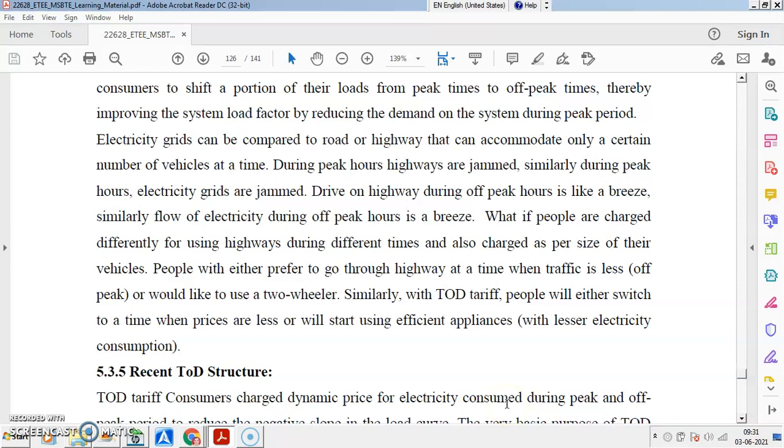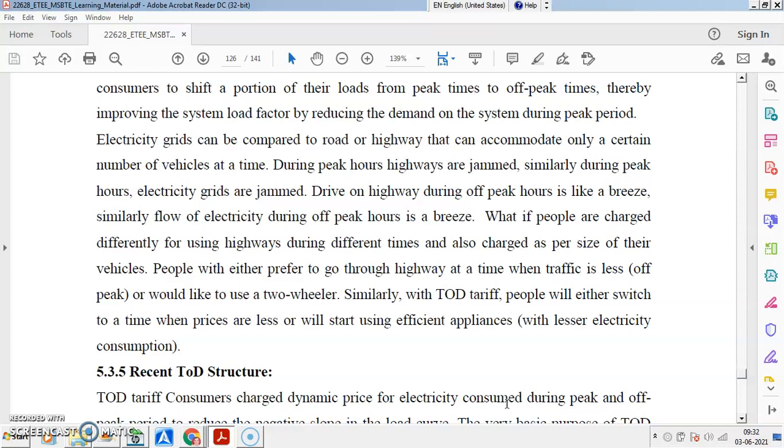Similarly, the TOD tariff is applicable to make consumers switch to a time when prices are less, or start using efficient appliances with lesser electricity consumption. So the concept is that not all at a time.